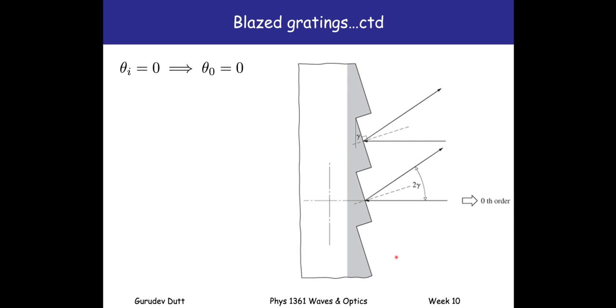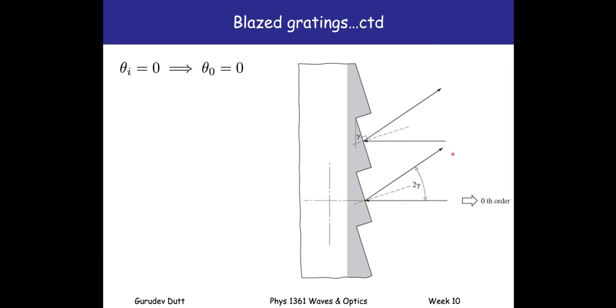So let's analyze that situation. Now I'm bringing the beam in normally to the grating. The reflected beam, the 0th order beam, would go back exactly along the same direction. But because it has this facet over here, some of that beam, in fact a lot of it, is going to get reflected at an angle. If you think of this as a mirror, then this mirror has a normal which is at an angle gamma with respect to the incident beam.